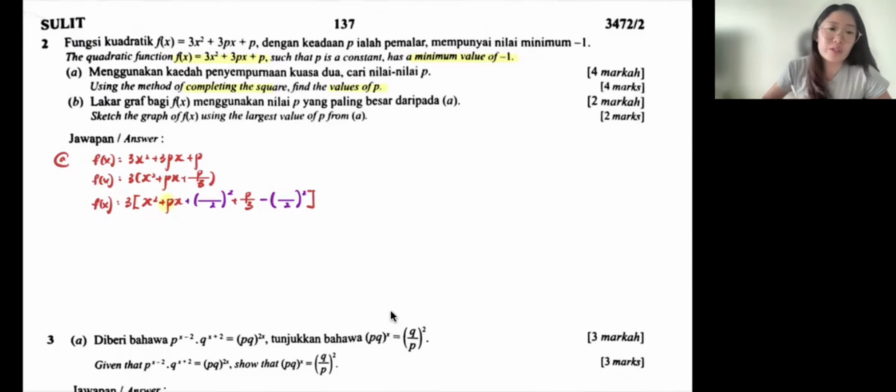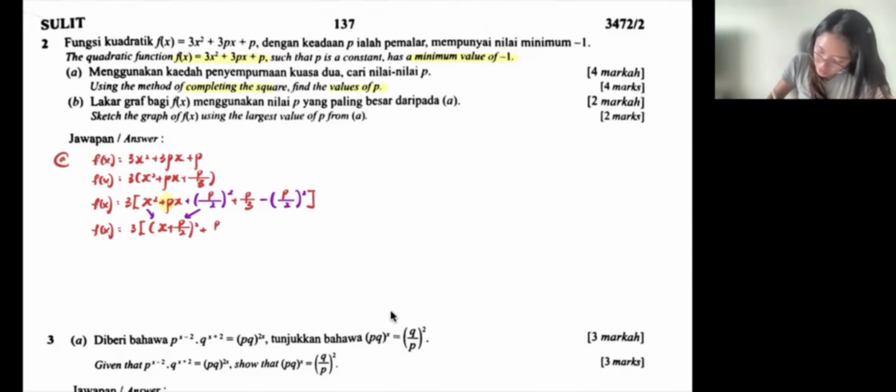The number in front of x power 1, including a negative sign if it is negative. But over here, this is p, right? So you just write p. So f(x) equals 3, still outside. Okay, x plus p over 2 here. This bracket bring down. Then the rest behind, you can just open up.